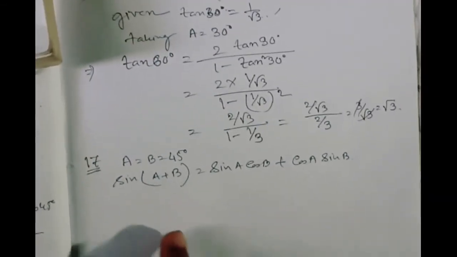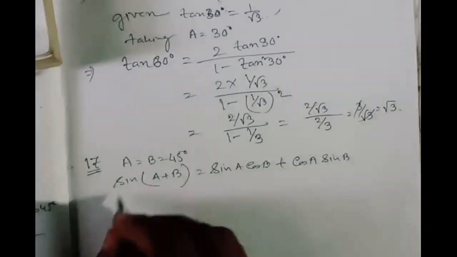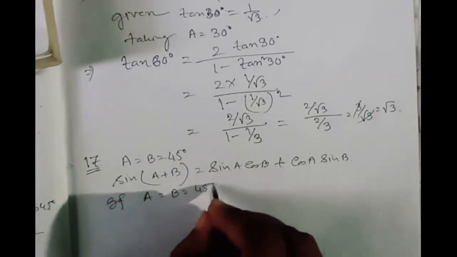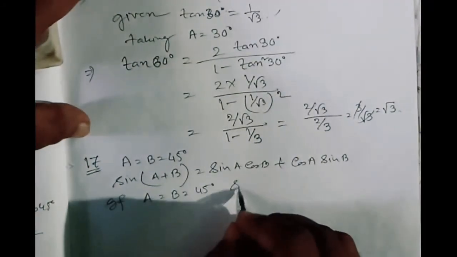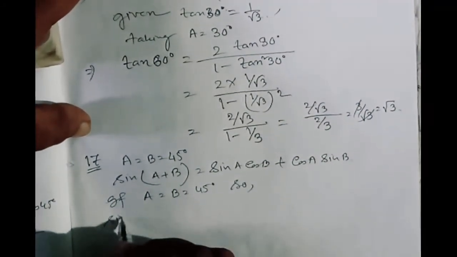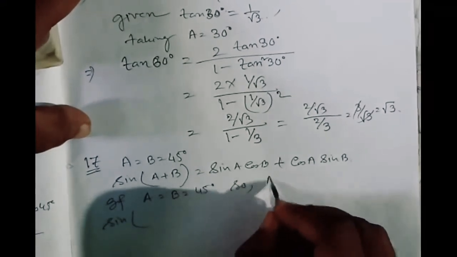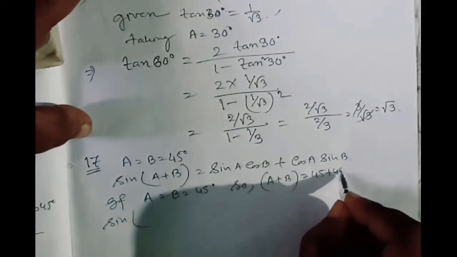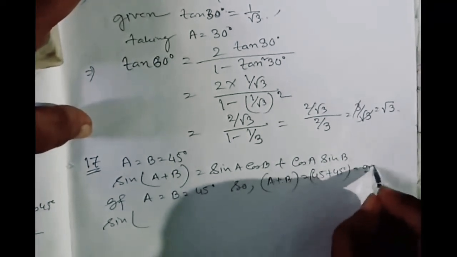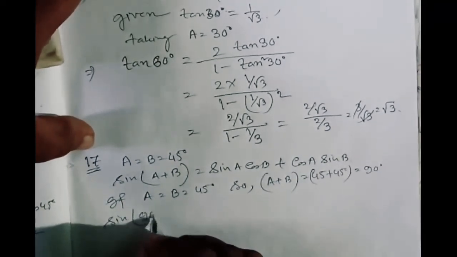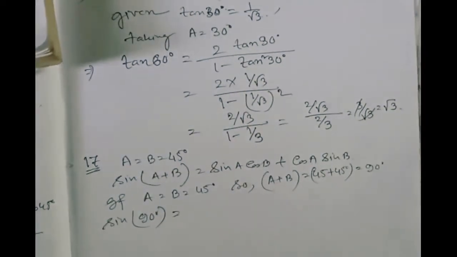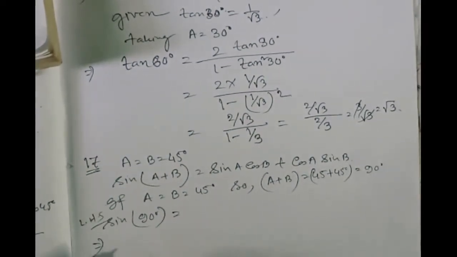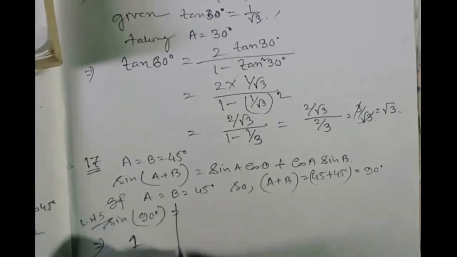A and B are 45 degrees. So, A plus B is equal to 45 plus 45 degrees, means 90 degrees. So, this is equal to sin 90. This is my LHS. The value of sin 90 is equal to how much? 1. Now, let us come to RHS.